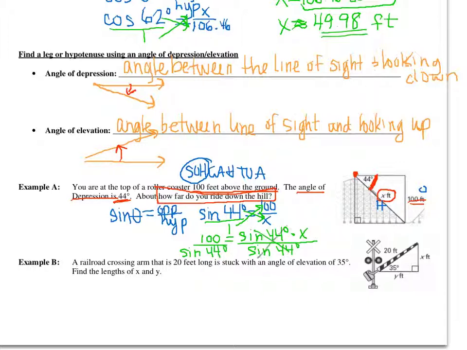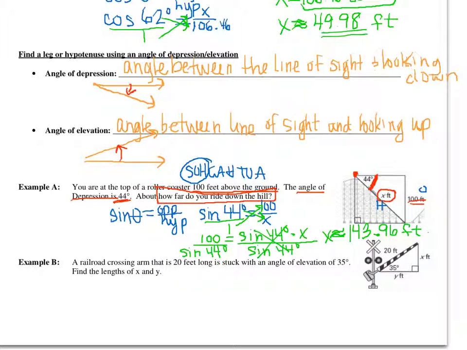So those cancel out. My x is now alone. So I have x equals 100 divided by the sine of 44. And if you put that into your calculator, you'll find that it's about, so I'm going to use my squiggly equal signs, 143.96, so 143 and 96 hundredths, and my unit would be feet.